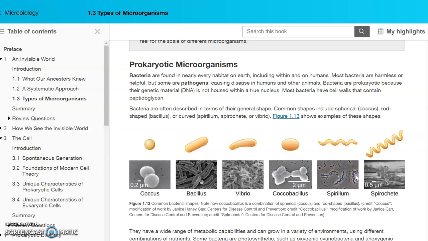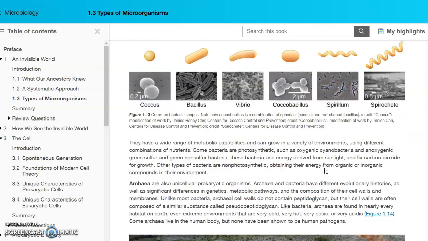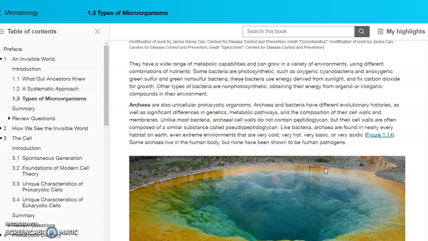Bacteria are considered prokaryotes because they do not have a nucleus. They have DNA, genetic material, but it is not confined within a specific nuclear membrane. I talked a little bit about the shapes in my video for Lab 3, so you can watch that and refresh yourself on the shapes there. Bacteria have a lot of different types of metabolism.